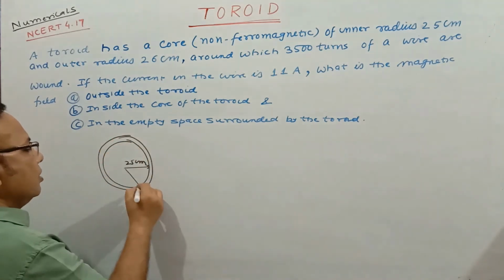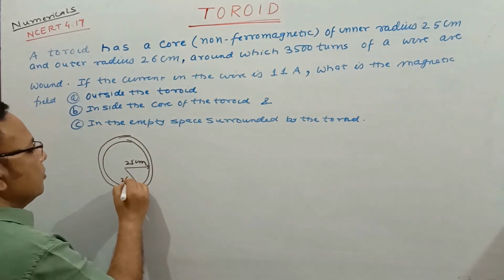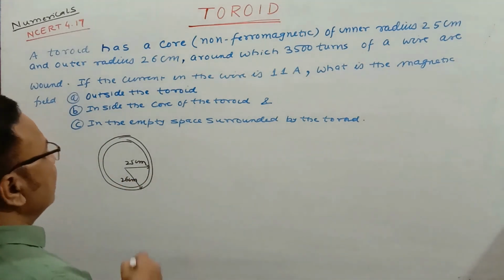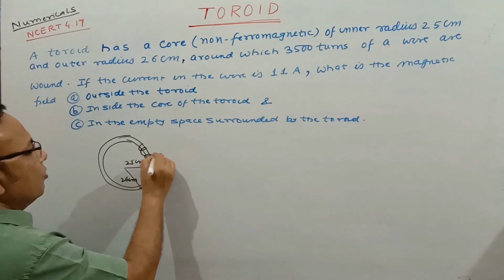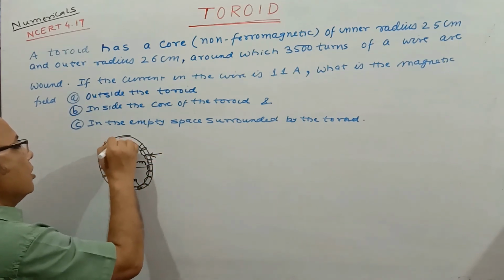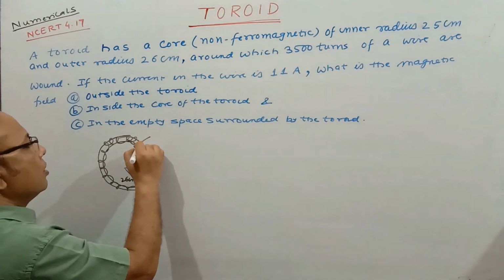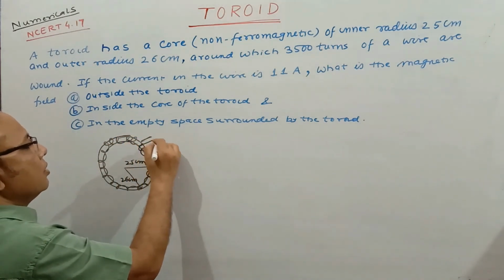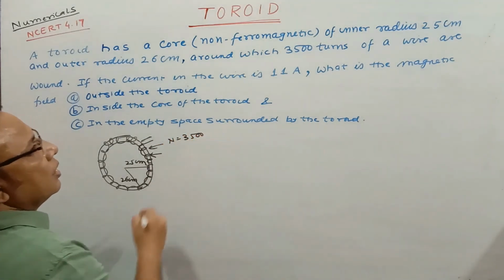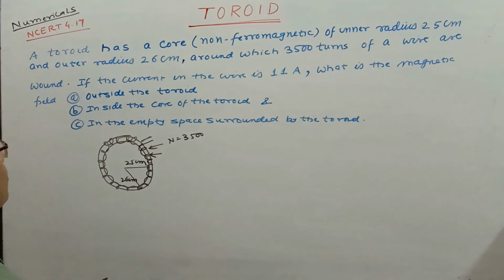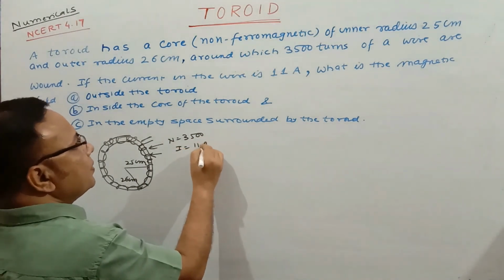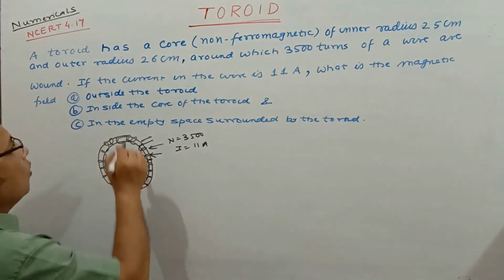Around it, 3500 turns of coil are wrapped, so N is equal to 3500. If the current in the wire is 11 ampere, what is the magnetic field outside the toroid?